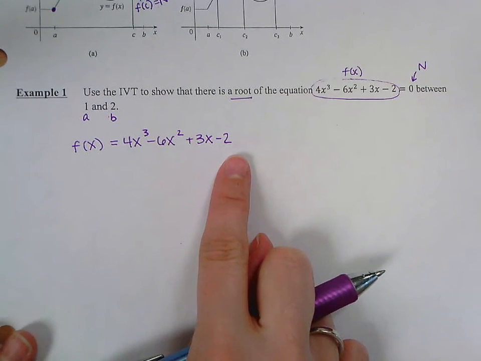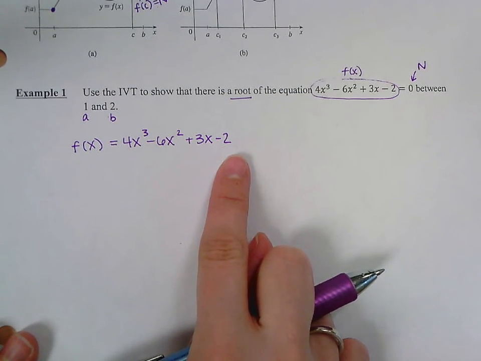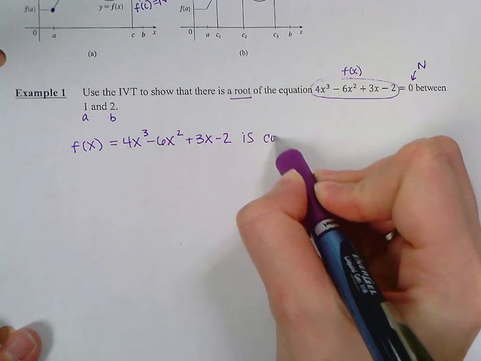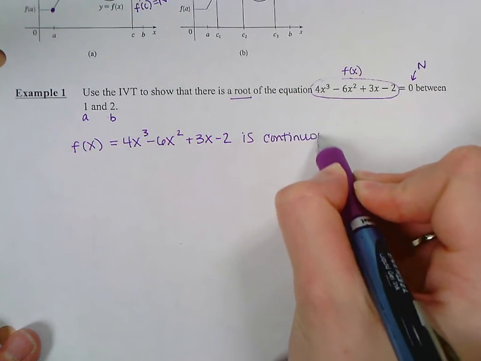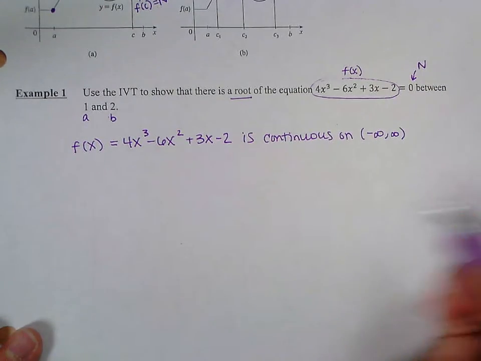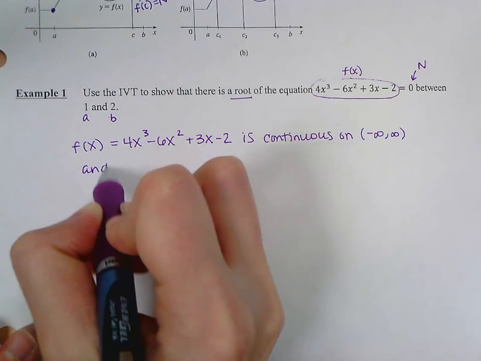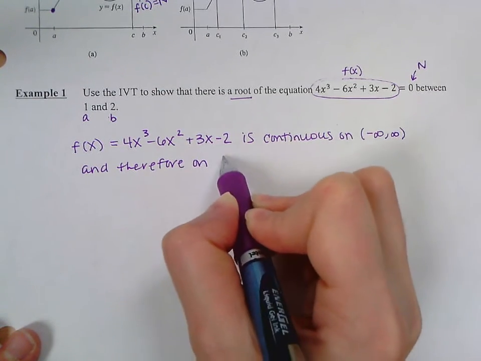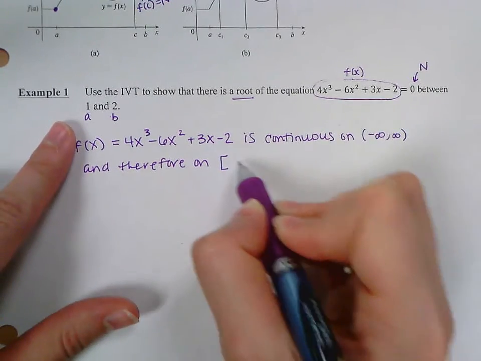Polynomial, where is a polynomial continuous? Everywhere. So f of x is continuous on negative to positive infinity, and therefore on the closed interval from a to b, which is 1 to 2.